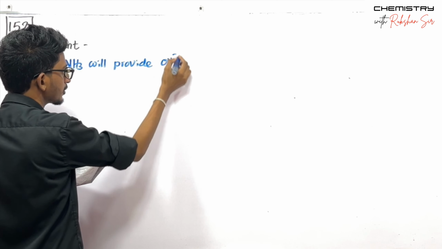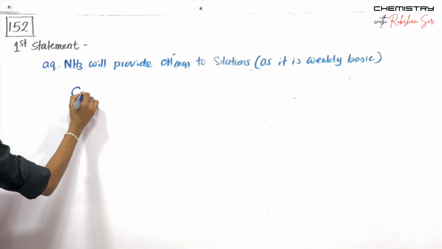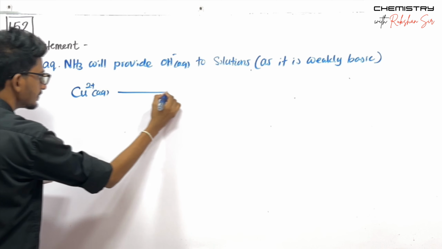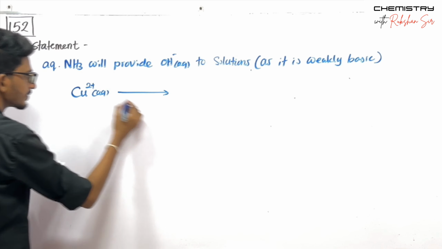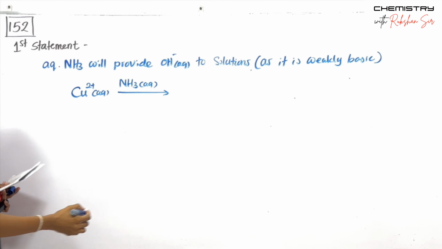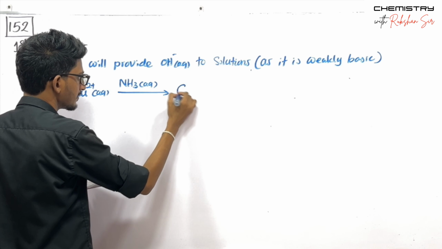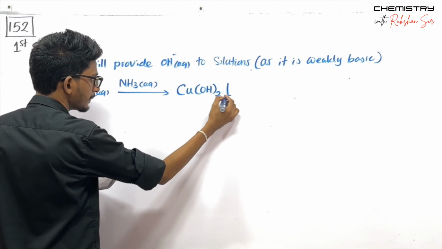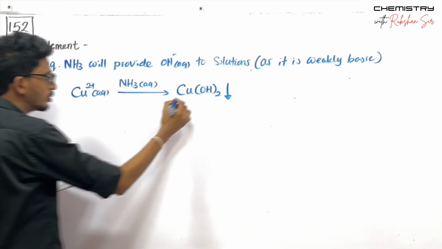So what will happen if you add the ammonia to Al3+ as well as copper 2+? With the copper 2+ ions, the aqueous ammonia will produce first the copper hydroxide precipitate, which is blue colored.